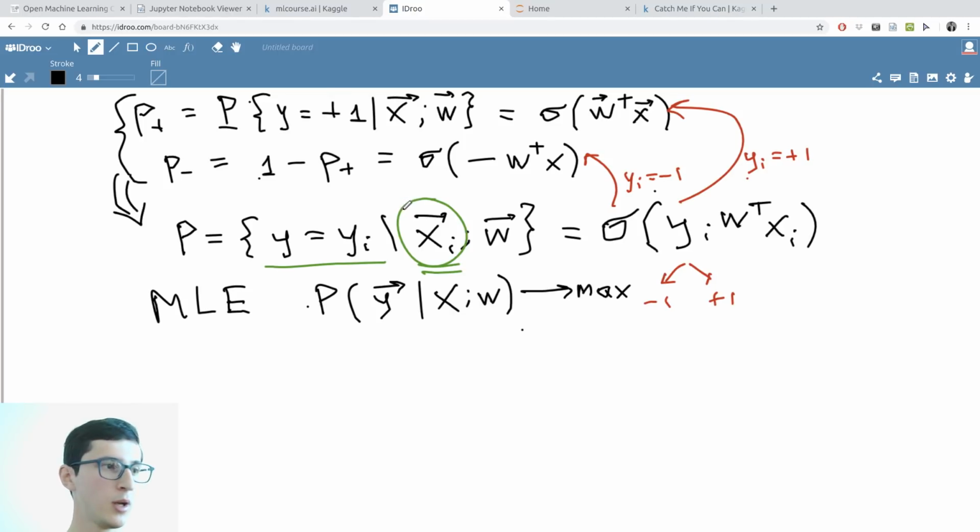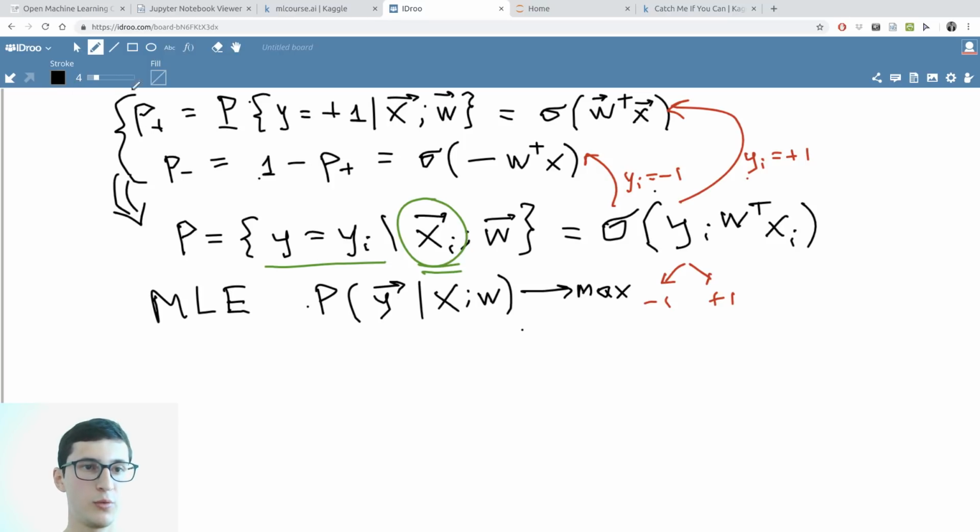We'd like to describe our observations with some model. A normal distribution of heights is only a model. It's imperfect. But we'd like to optimize the parameters of this normal distribution according to our data. And here as well, with logistic regression, we are modeling the probability of class +1, and we'd like to maximize exactly this probability that we observe these labels y given data x.